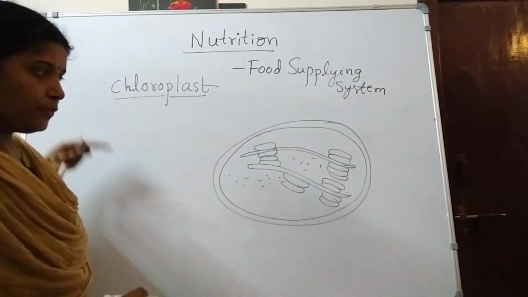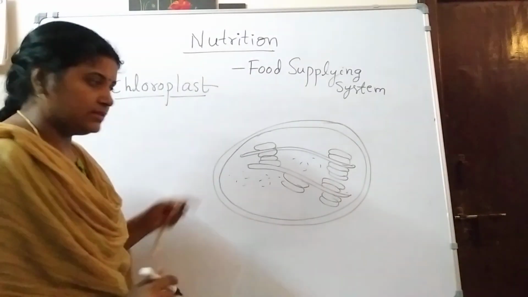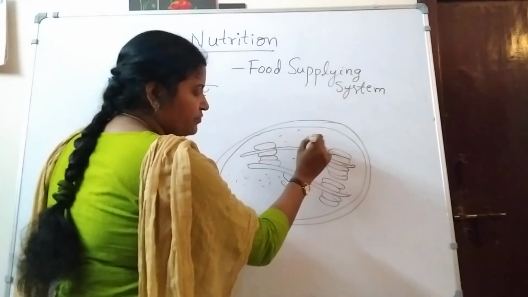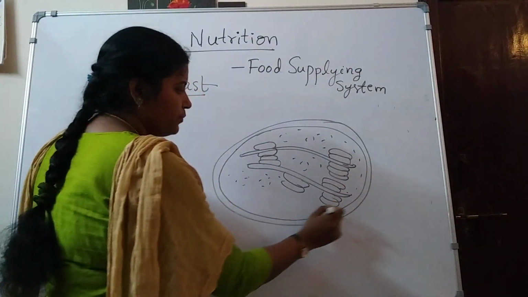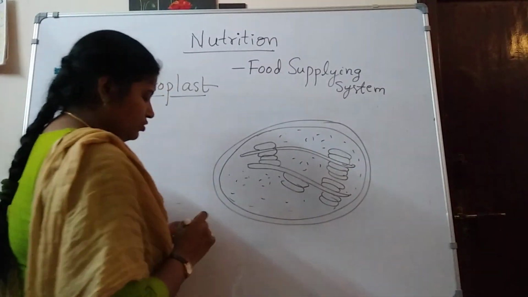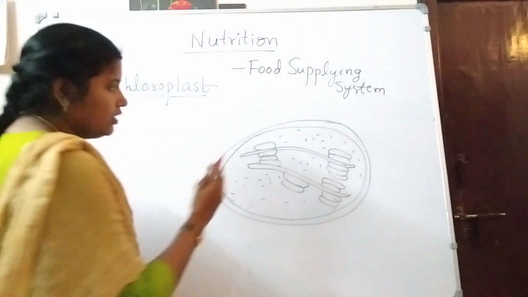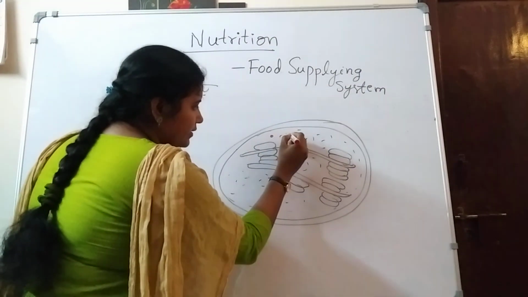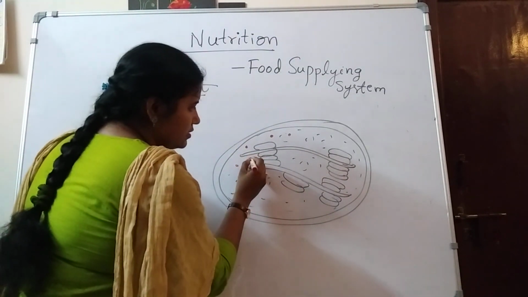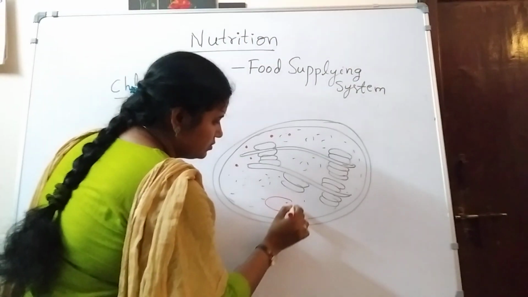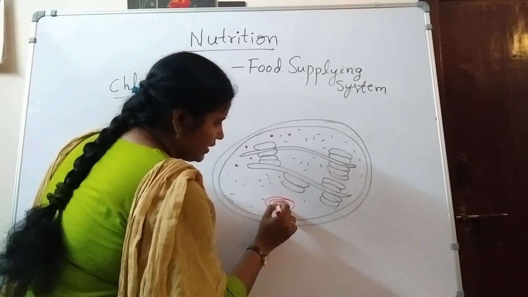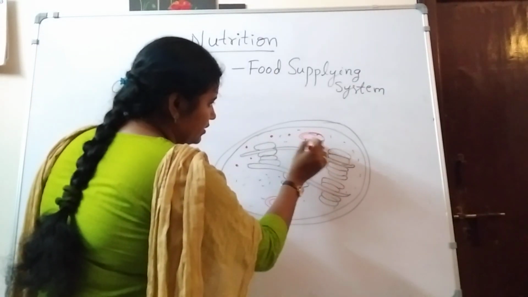Okay, so note down these points, and also practice the diagram, and underline the important key points. So here it also contains lipid granules, starch grains, like this.